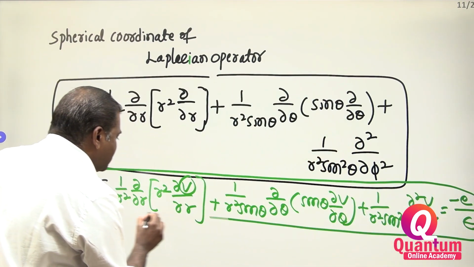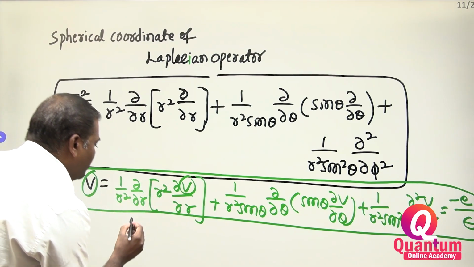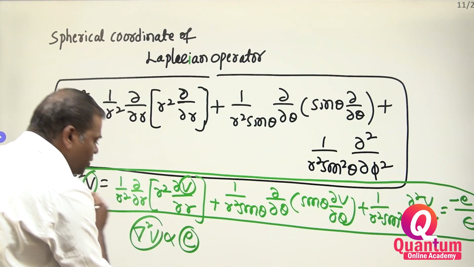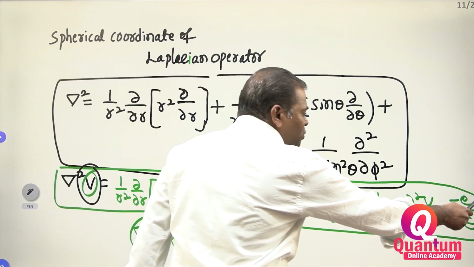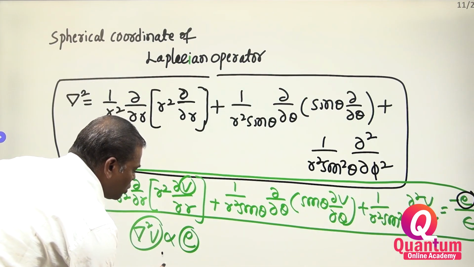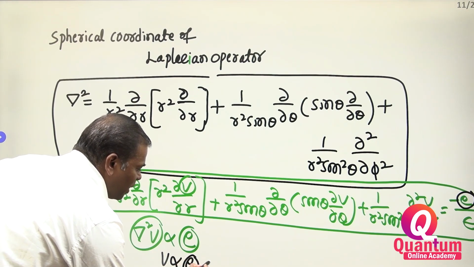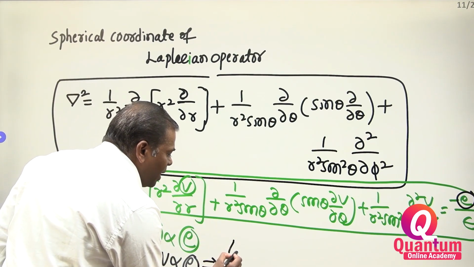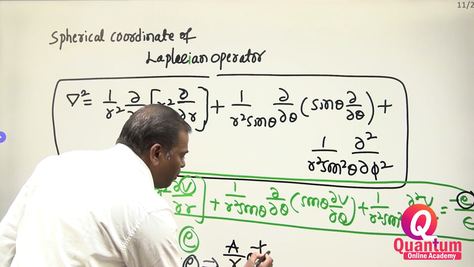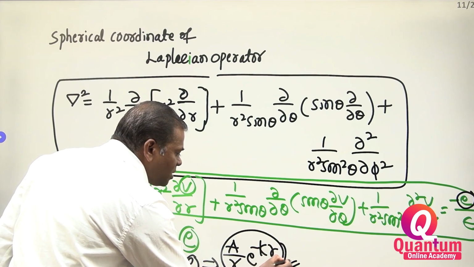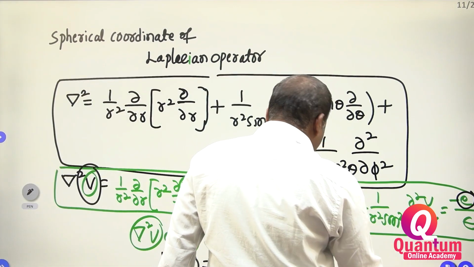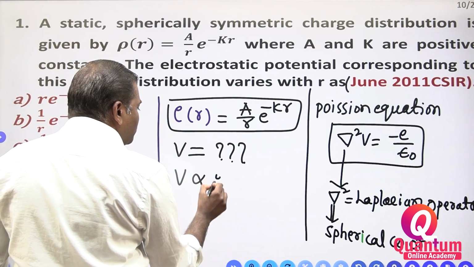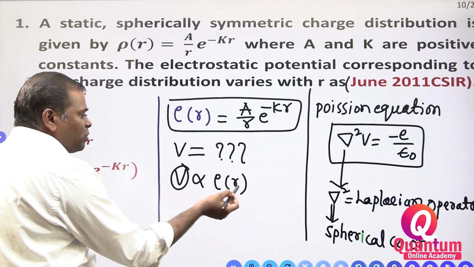But our rho is given. Therefore, del square V is directly proportional to rho, and so V is also directly proportional to rho of r.